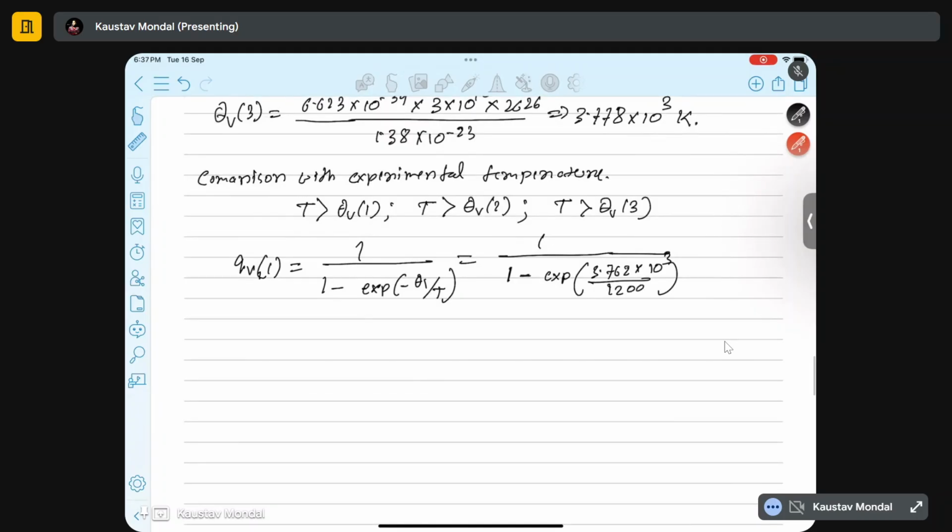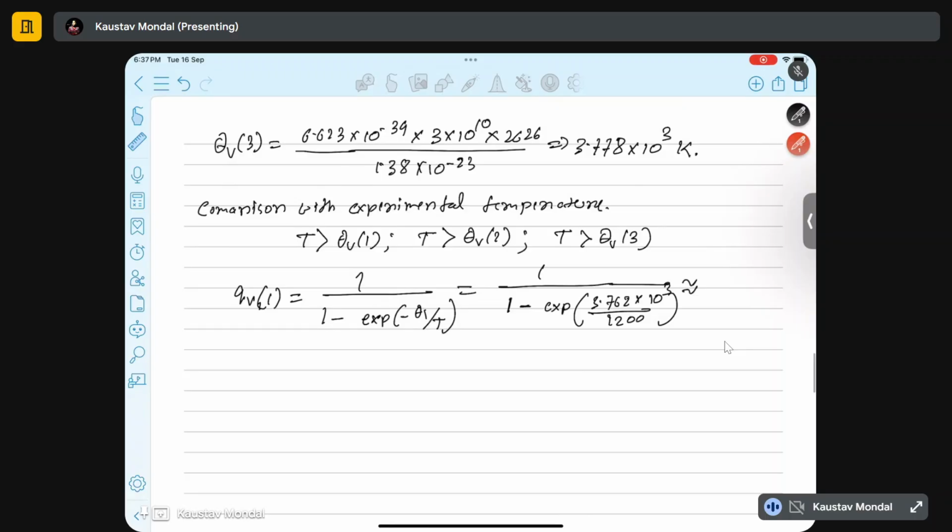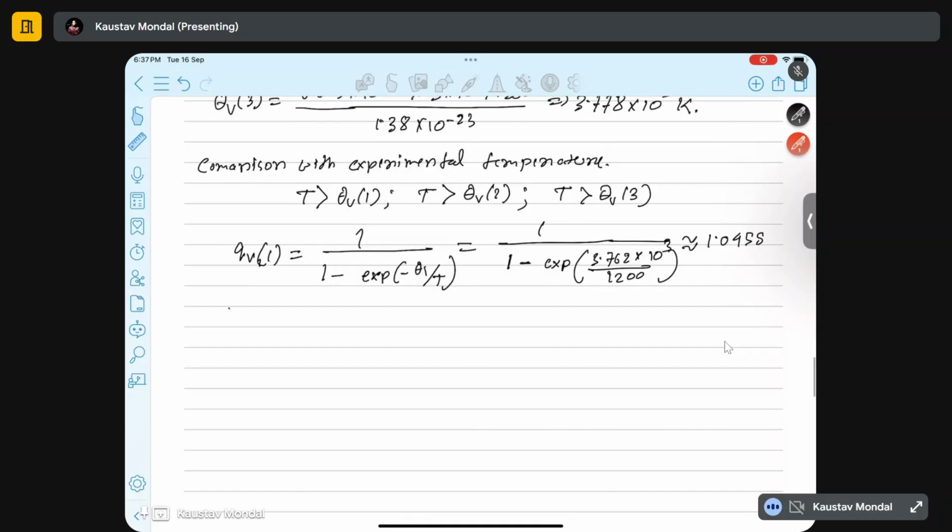So 1 by 1 minus exponential to the power minus 3.762 into 10 to the power 3 divided by 1200 gives approximately 1.0455 for QV1.